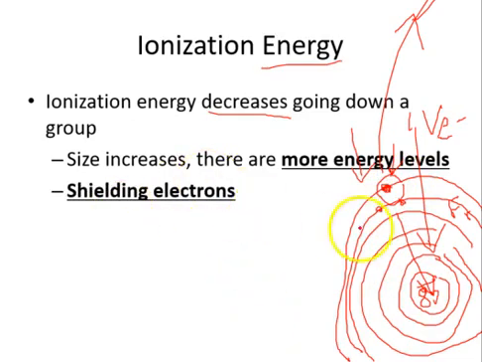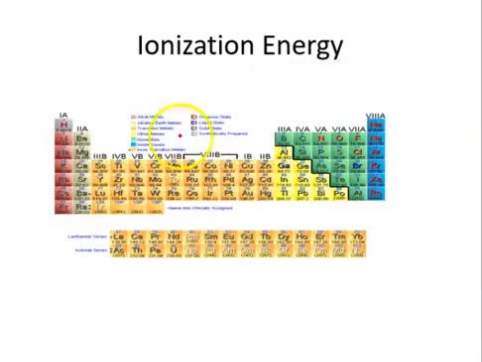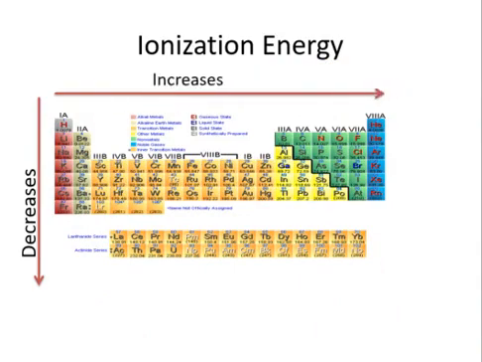So the shielding electrons that are blocking my nucleus from pulling in that electron are keeping me from being able to keep that secure. And so it's not very much energy at all for somebody to come by and take away that 87th electron from Francium. So on your ionization energy, it decreases as you go down and it increases as you go across.